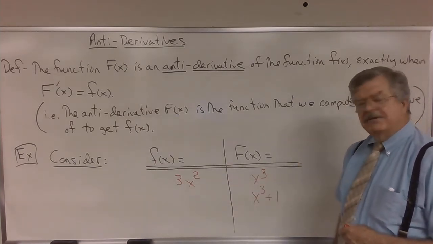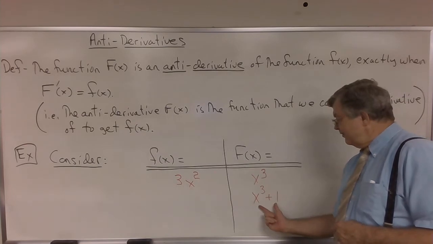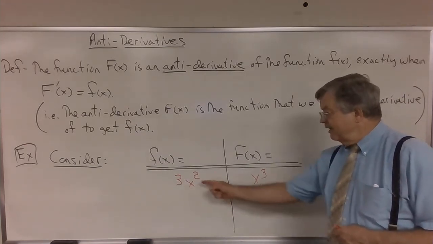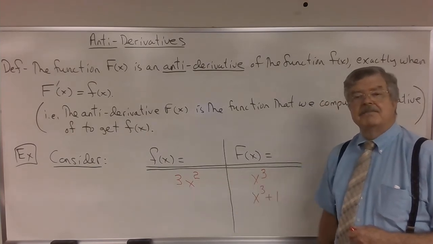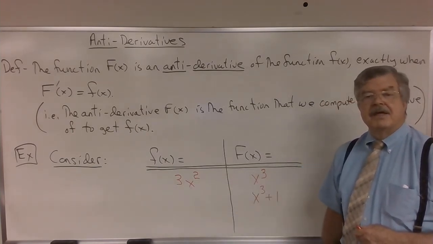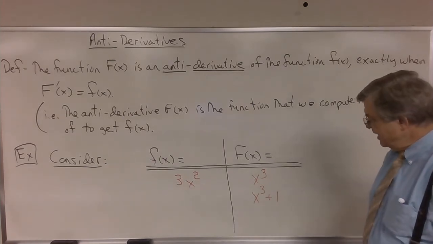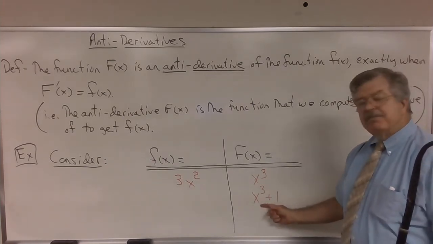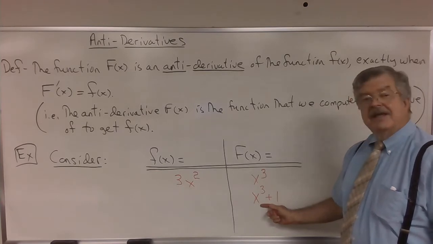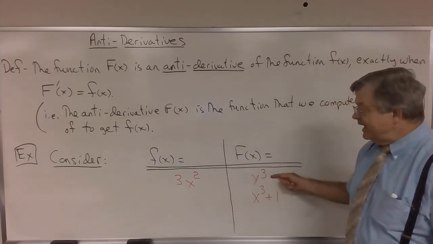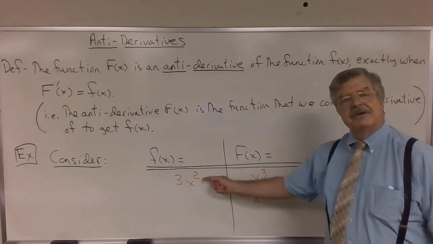Well, that all depends. If I compute the derivative of this function, do I get 3x squared? And the answer is, yes, I do. So x cubed plus 1 is an antiderivative of 3x squared, just like x cubed is an antiderivative of 3x squared.